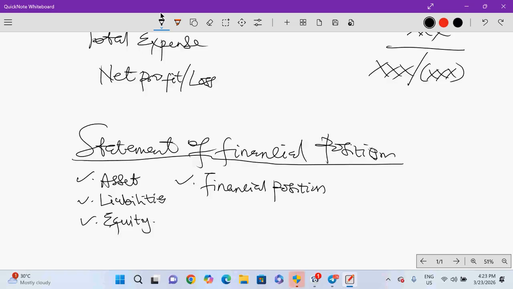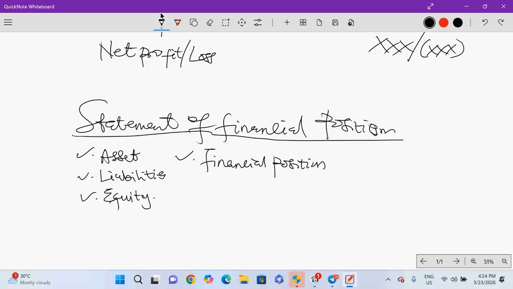If they're having more assets, they're in a strong position and doing well. But if they're having more liabilities, that's the question mark. So you basically follow the accounting equation that we have learned. What is the accounting equation?